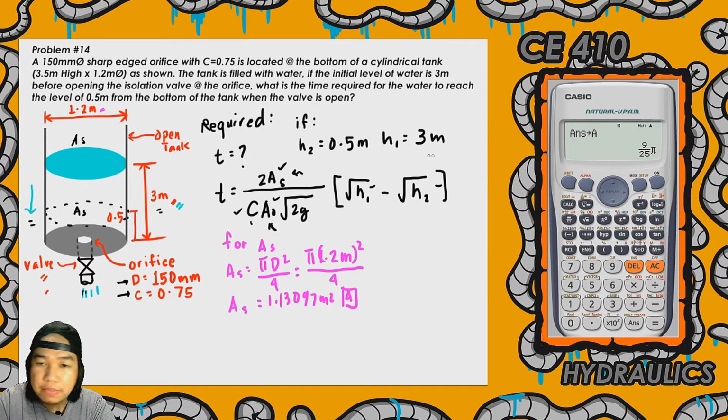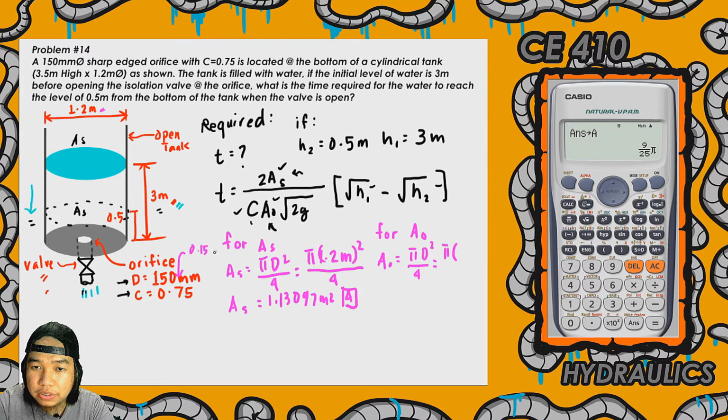Next, yung para naman sa cross-sectional area ng opening ng orifice. So, that is A sub O is equal to pi d square over 4. So, that is also equal to pi times yung diameter ng opening, which is also equivalent to 0.15 meters. Dapat naka-meters tayo. 0.15 square over 4.